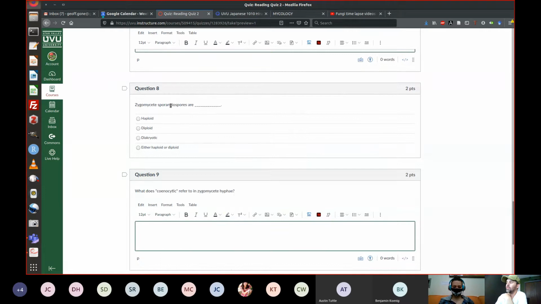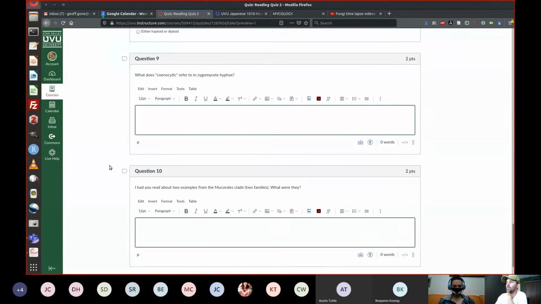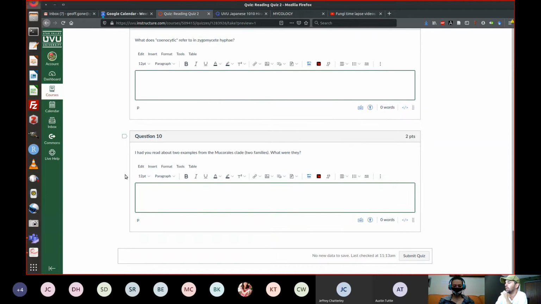All right, sporangiospores in zygomycetes are haploid. Yep. Okay, cenocytic. They're aseptate. Yep, one big cell. That's what cenocytic means, the big shared cytoplasm. So no septae.